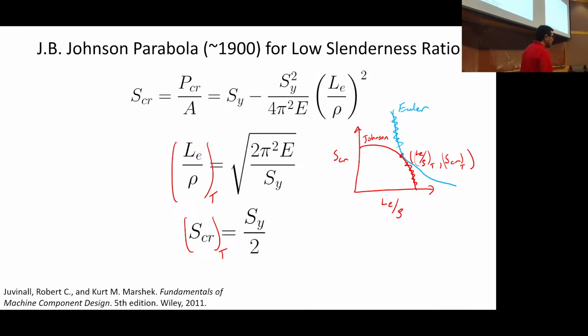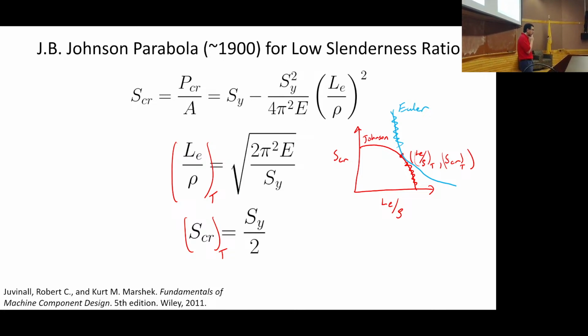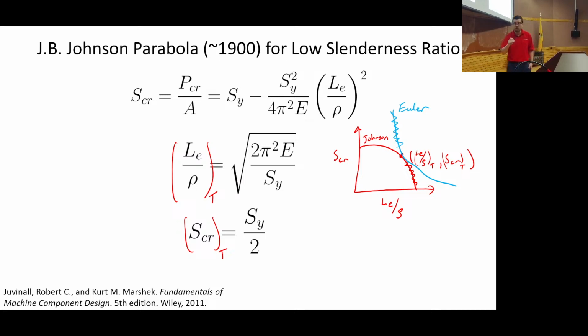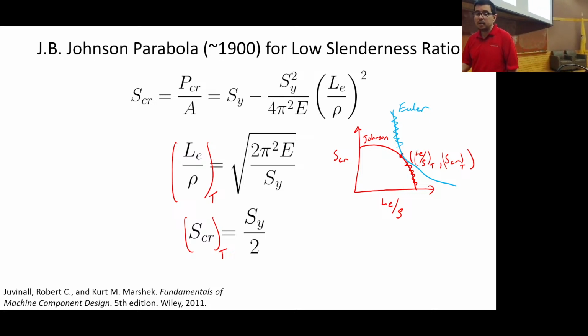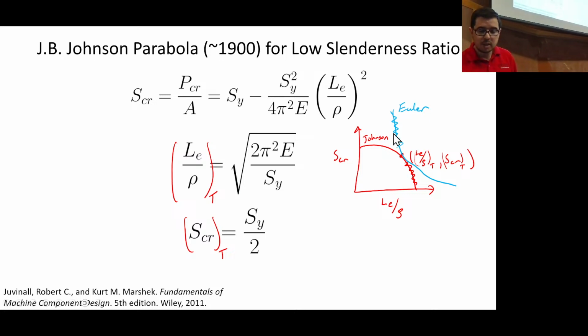It's interesting that the slenderness ratio at the tangent point has a slightly complex expression: the square root of quantity 2 pi squared E over Sy. So it has that whole value together. That's what this point is.